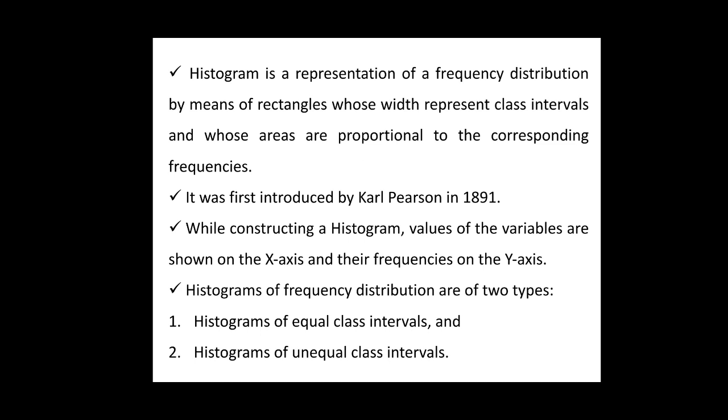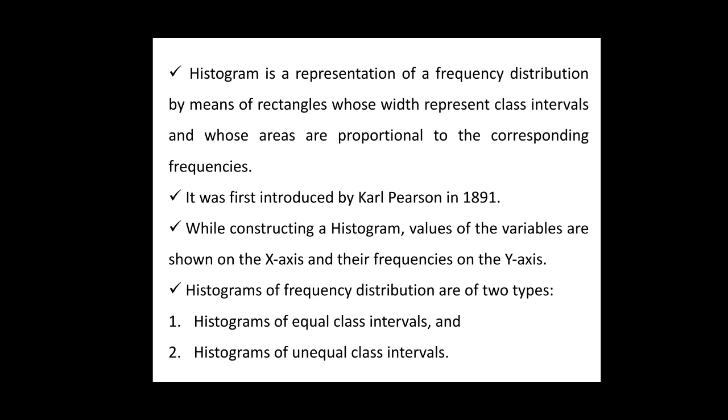While constructing a histogram, the values of variables, that is class intervals, are shown on the x-axis and their frequencies are shown on the y-axis. The size of class intervals defines the width of rectangles and their corresponding frequencies define the height of rectangles.